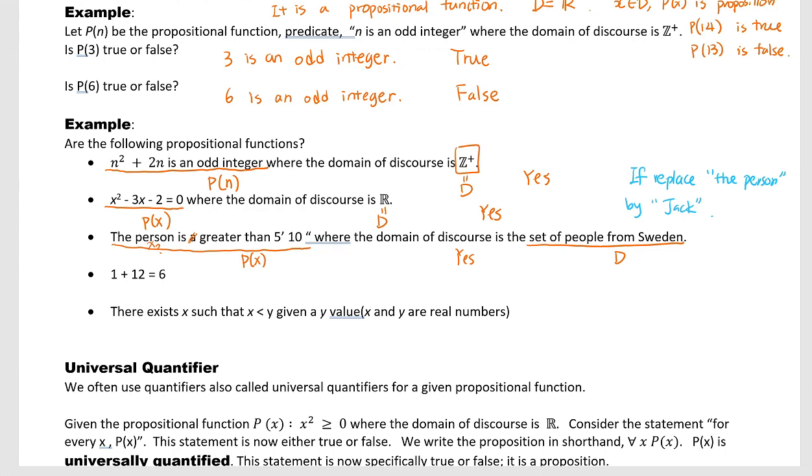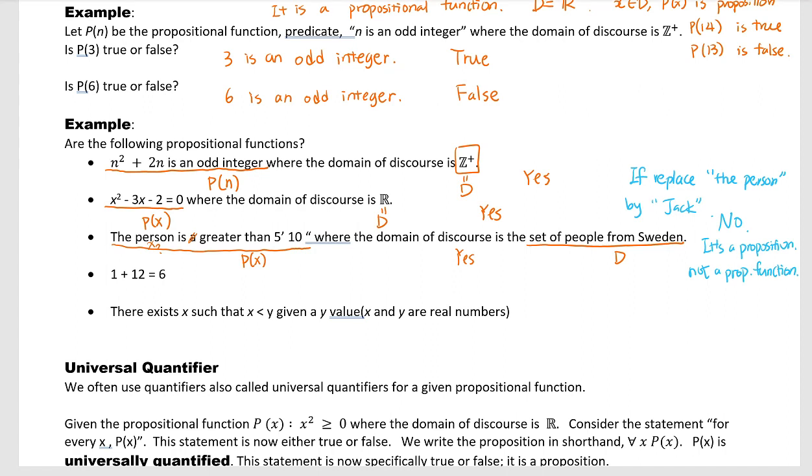Well, this is a proposition, not a propositional function, because we know that the person is Jack. As a function, we need to have a variable. Okay, let's continue.